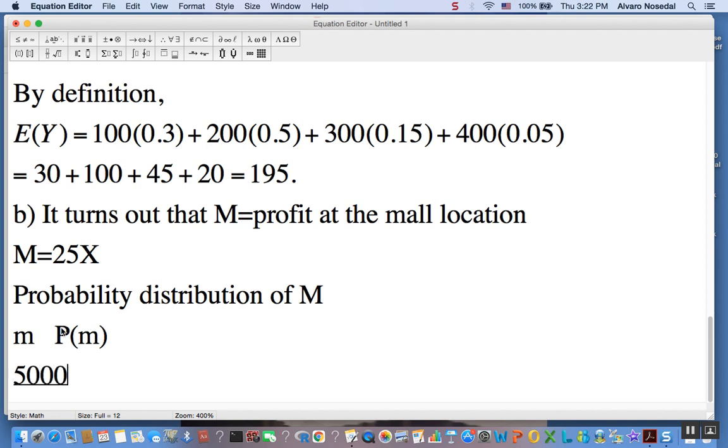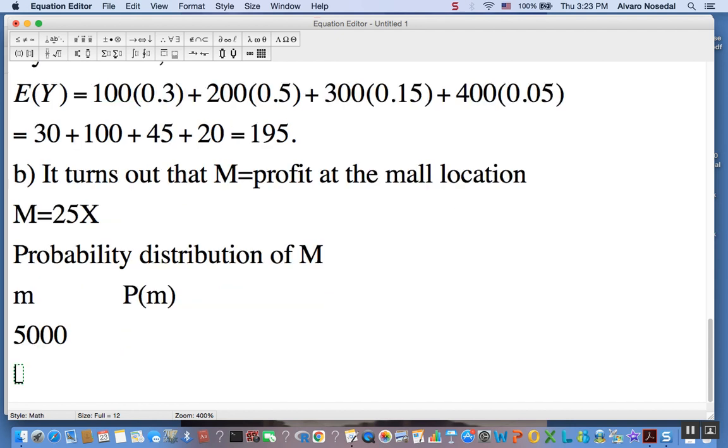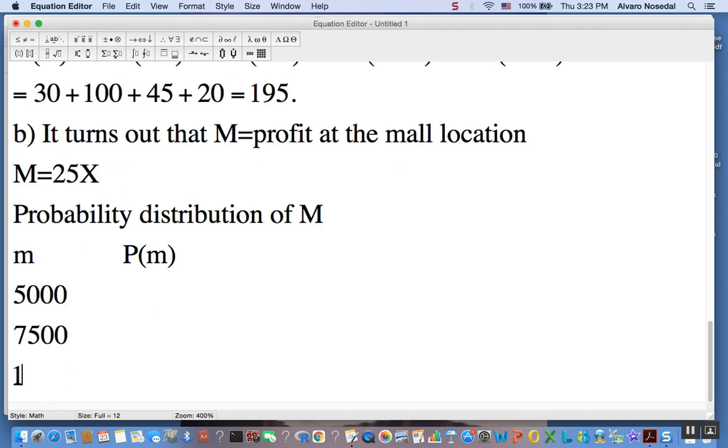Let's write that down here. 5,000, 7,500, and finally 10,000. Okay. Now, what's the probability of a profit of 5,000?